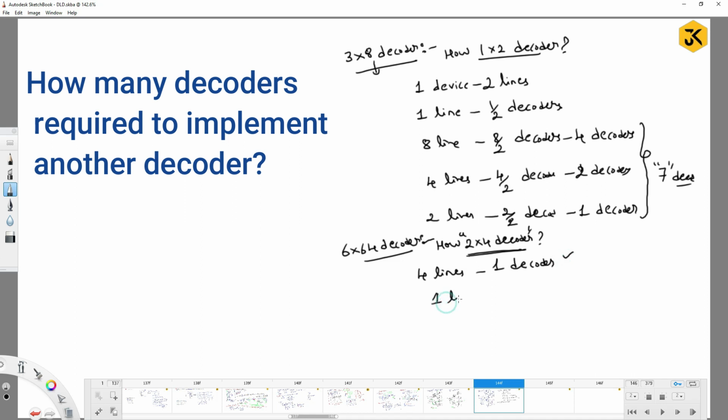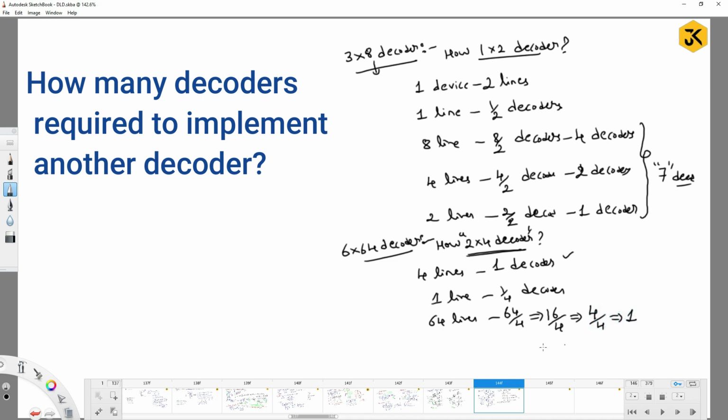In order to produce 1 line, you require a 1/4 decoder, right? But the point is, here I need to produce 64 lines. So 64/4, you are going to have 16 decoders, right? And the 16 decoders again get 16 lines as output. 16/4 is 4. 4/4 is 1.